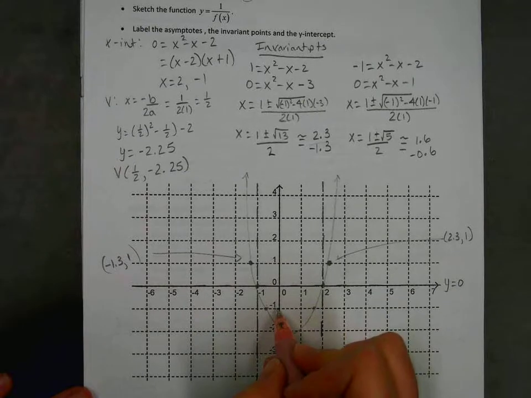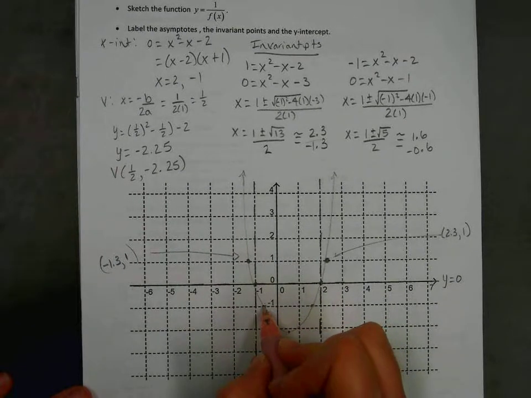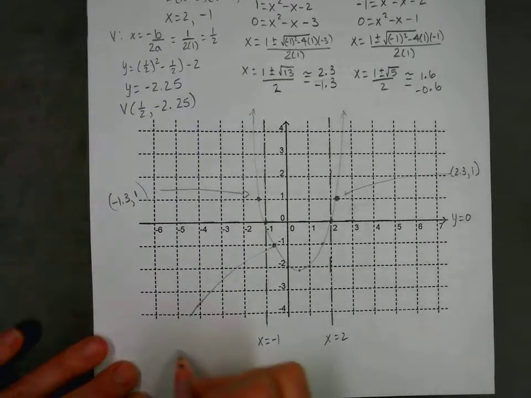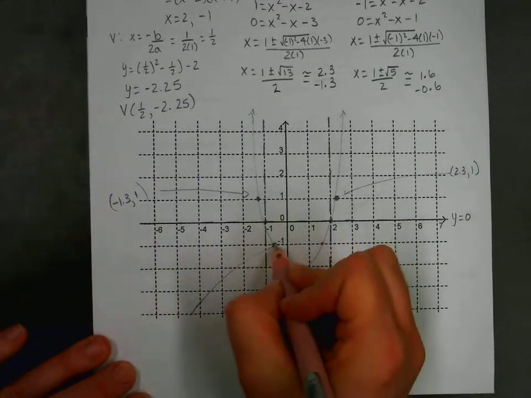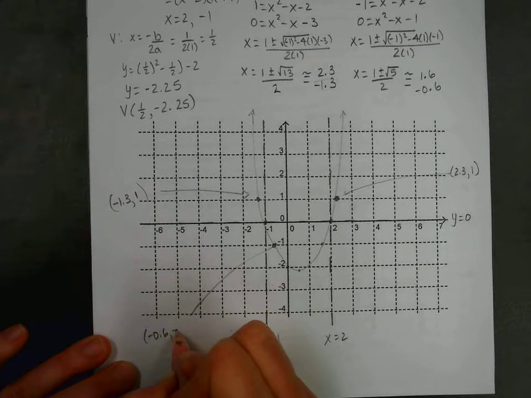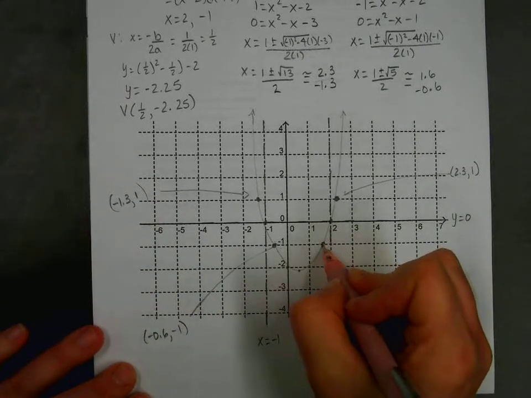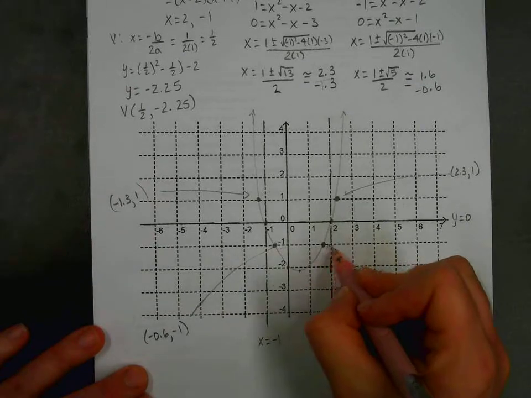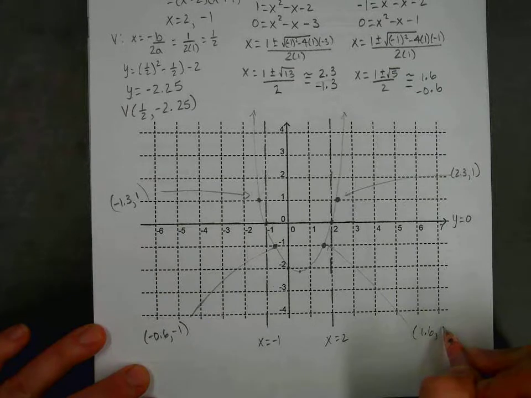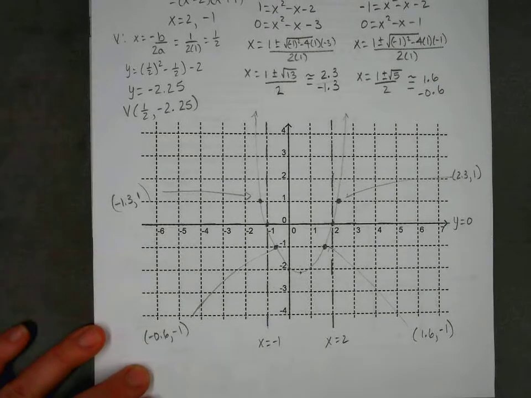So at -0.6 and -1, this is another invariant point. So now I'm going to plot this point, and I'm also going to identify this point, which is 1.6 and -1.